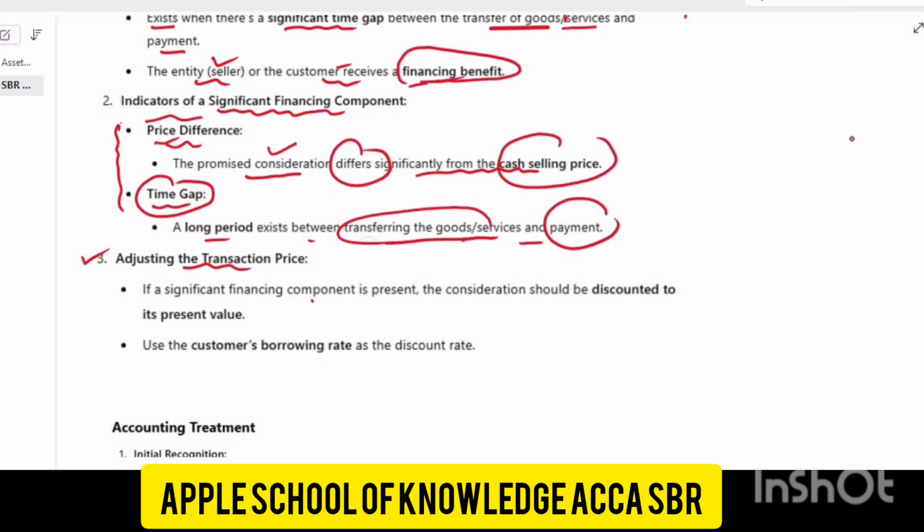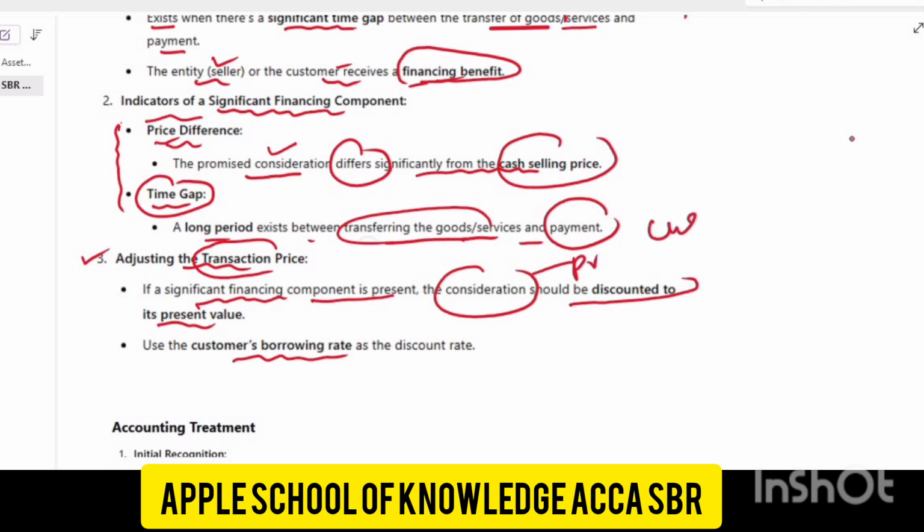If a significant financing component is present, the consideration should be discounted to its present value, and the usual customer borrowing rate is used as the discount rate. So you have to adjust the transaction prices for the significant financing component, and for that you will use the customer borrowing rate as a discount rate. Clear?